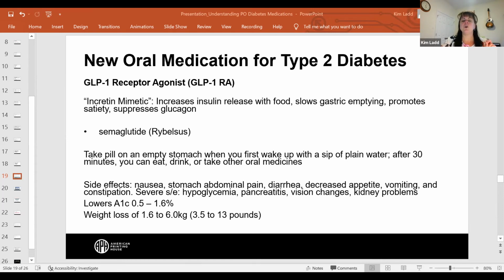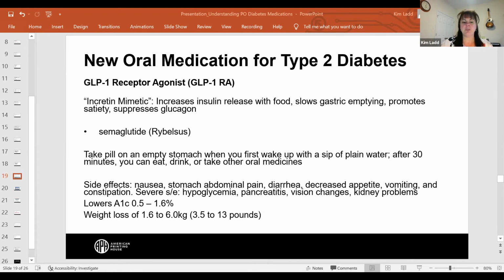It also slows gastric emptying, promotes satiety, which means it makes you feel full longer, and suppresses glucagon, which is the sugar that comes out of your liver when your blood sugar drops. So it helps your liver not release extra sugar, helps you feel fuller longer, so you tend to eat less food, and it also increases your insulin release with food. So this is the first pill that does all 3 of these different things.